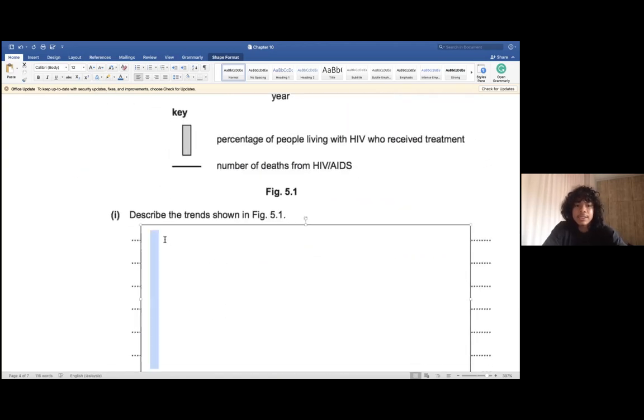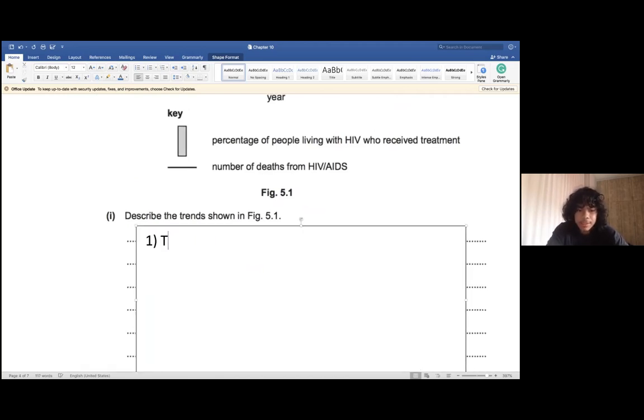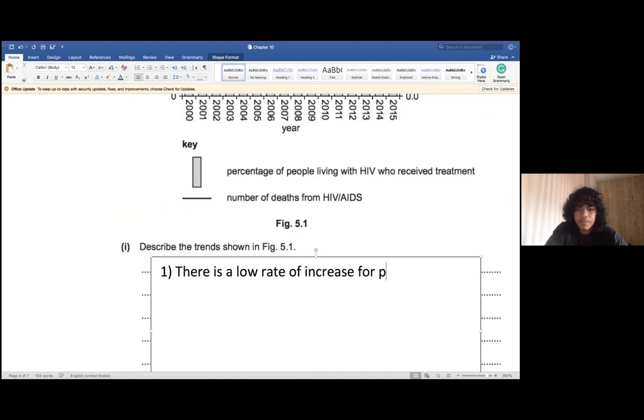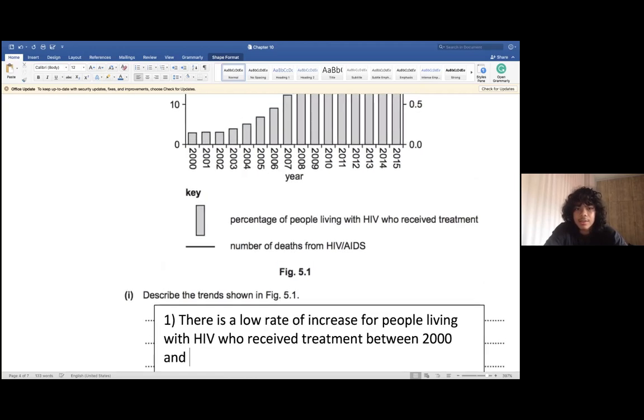So over here you can say there is a low rate of increase for people living with HIV who receive treatment, and then you state the year between 2000 and 2003.